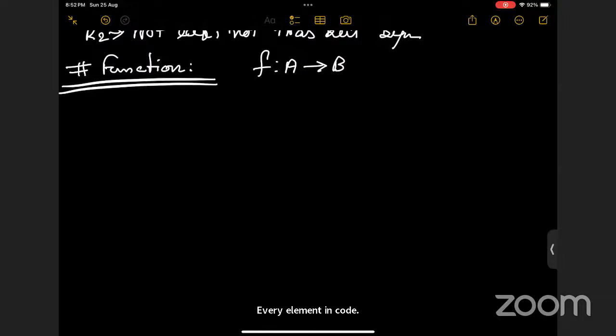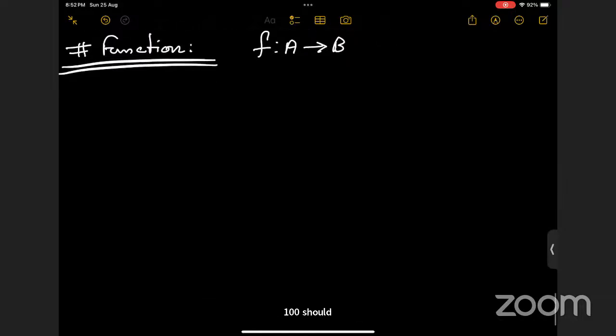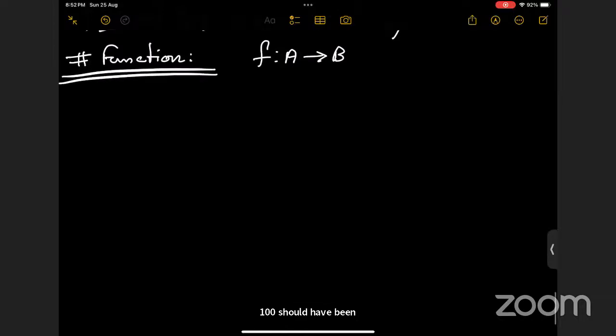Every element in the domain is connected to one and only one image. There should be only one image for each element. Each element of the domain should have a unique image, where the domain is not repeating.